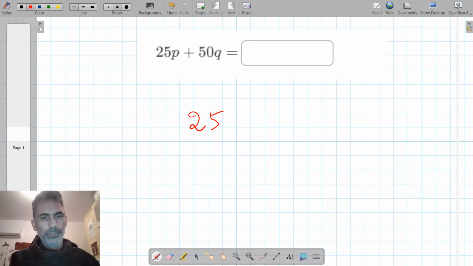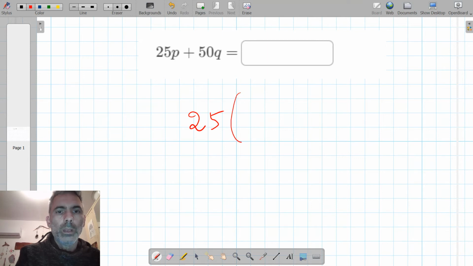So 25, and within the parentheses here I'm left with p, because 25 divided by 25 is 1, so 1p is p, and here we are left with 2q.